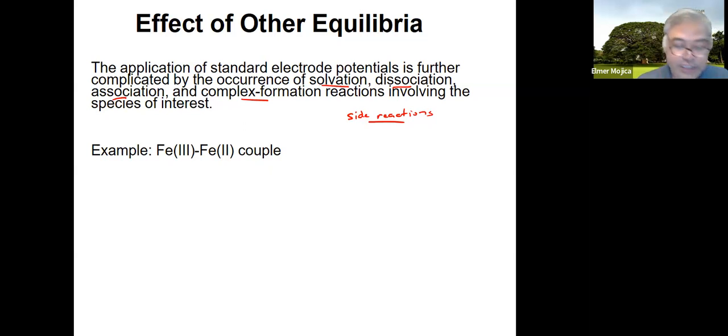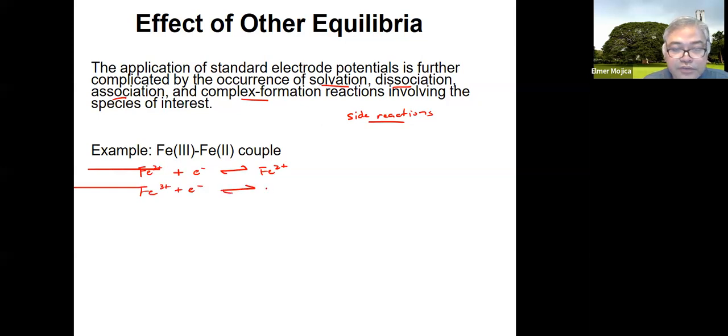So this side reaction can affect the standard potential that you have. For instance, if you have Fe3+ with one electron, it produces Fe2+. The same thing with another one. So what changes?